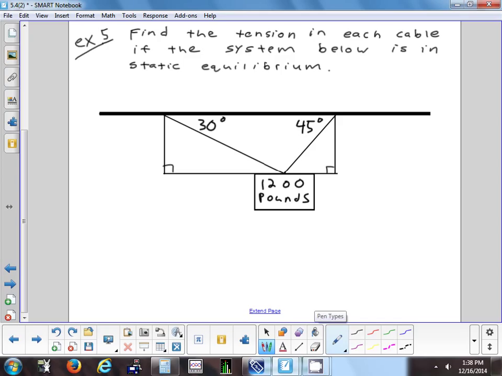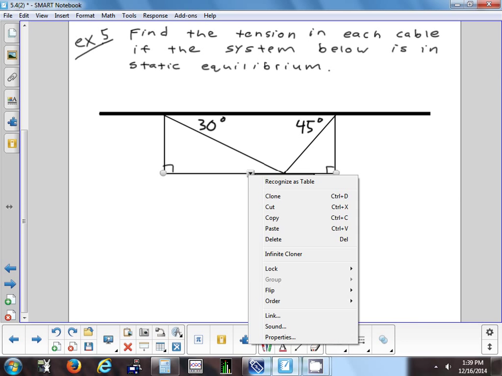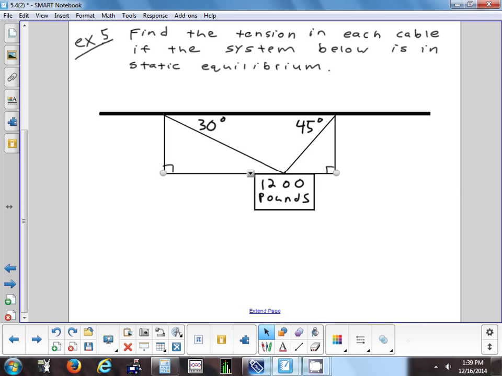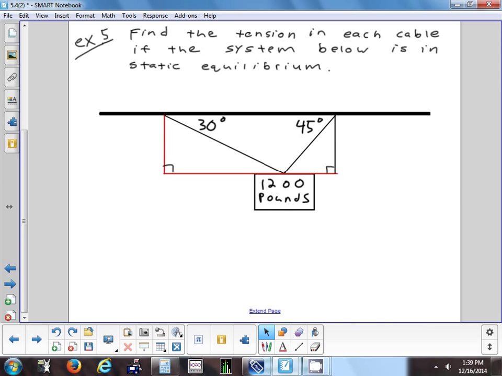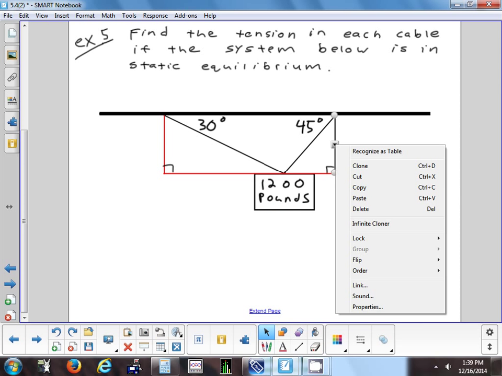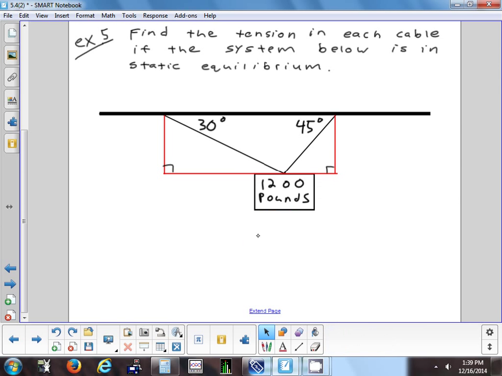Now, in the problem, you can tell that the 2 ropes holding up the weight, they're different lengths. Let me make the lines we added in red so you don't get confused. The black lines are the cables. All right, and they want us to find the tension in each cable.